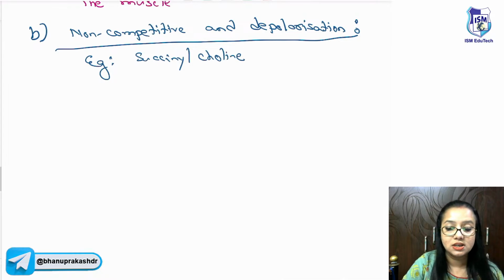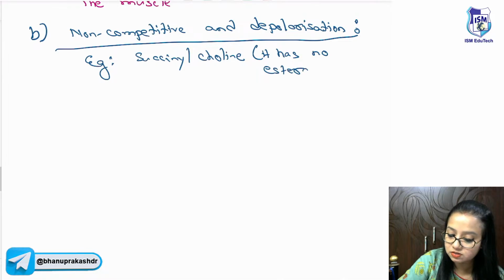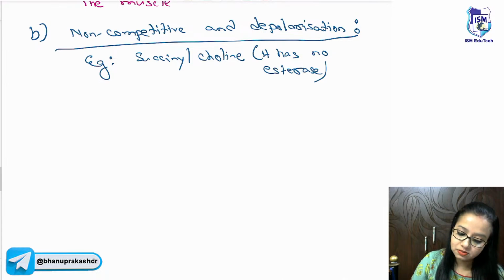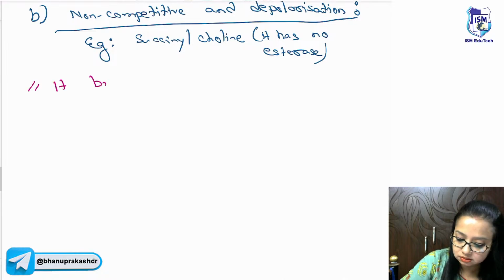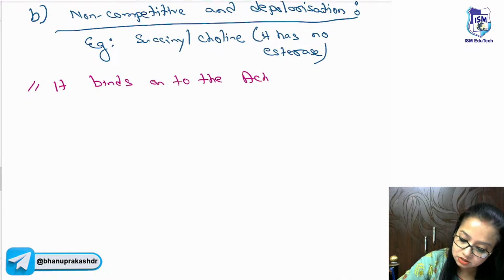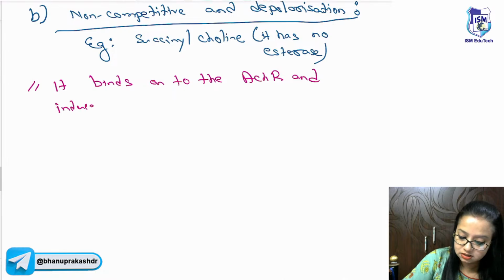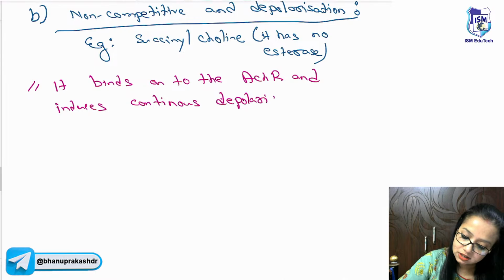Succinylcholine acts just like acetylcholine and there is no succinylcholine esterase that can break it. So the succinylcholine binds onto the acetylcholine receptor and induces continuous depolarization.